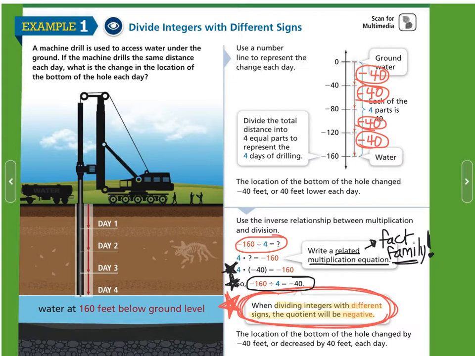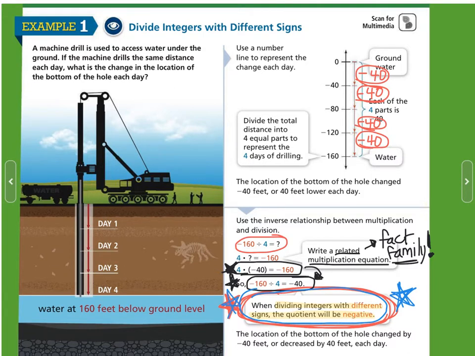So when we look at this from a related fact family, you can take the multiplication fact and turn it around into the division problem that means the same thing to see how to divide those integers. Also notice this blurb that I have highlighted and circled and starred.